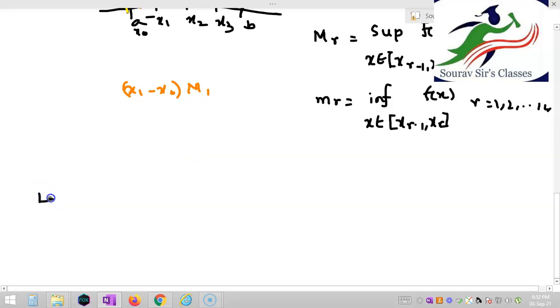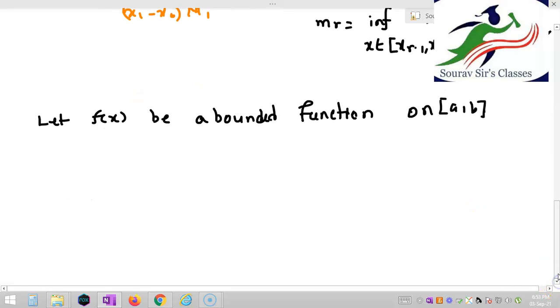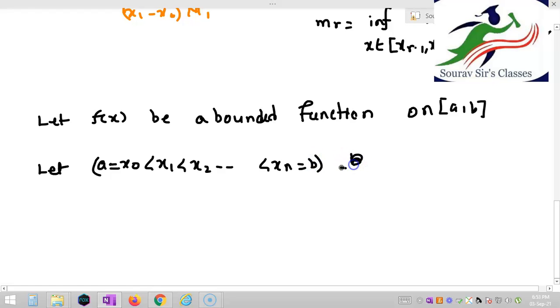Okay, let f(x) be a bounded function on the closed interval AB. And let a = x0 < x1 < x2 < ... < xn = b be a partition P on the closed interval AB.